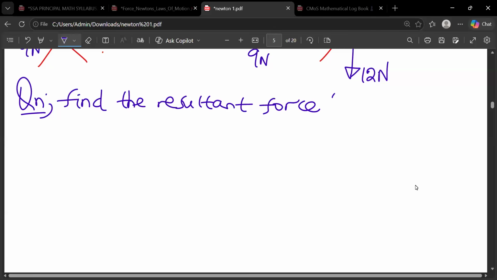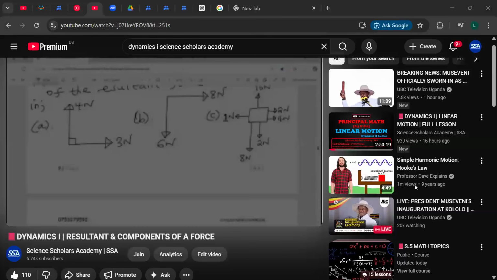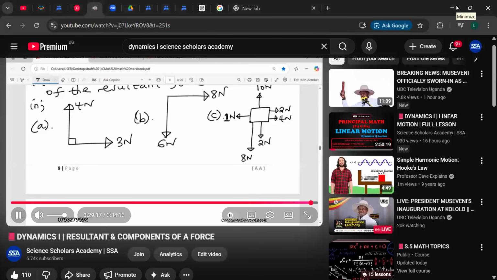Find the resultant force in each of the following cases. So I want you to look at the YouTube video well, so that we get those very questions I exposed at the end. Who can see them very well? I want you to take a screenshot. Let me play the video. Do you see that? Do you see what we have? You're working. So that's what we are going to consider.